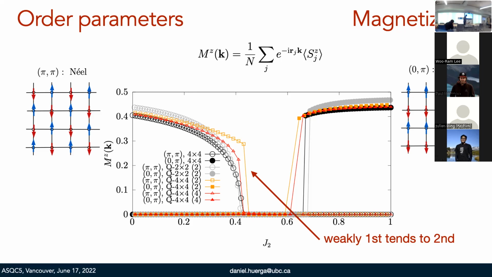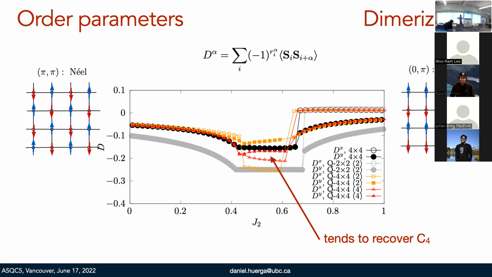So to characterize this phase, the quantum paramagnetic phase with no magnetization, we compute this dimer observable, which, as you see, is not an order parameter, because the translational symmetry is not a continuous symmetry.